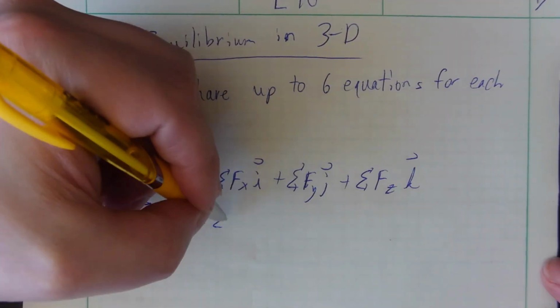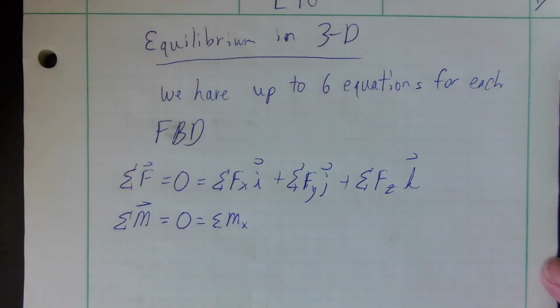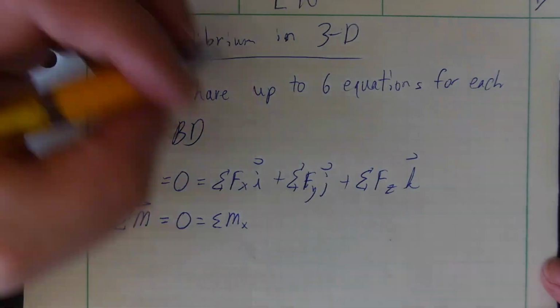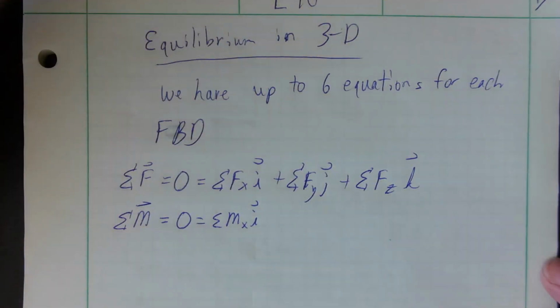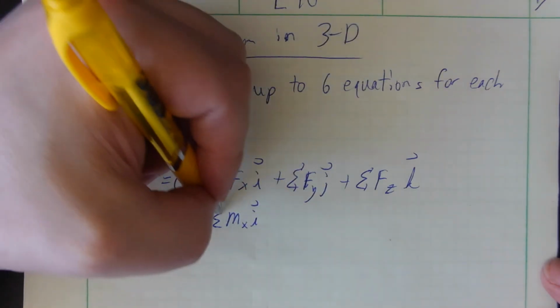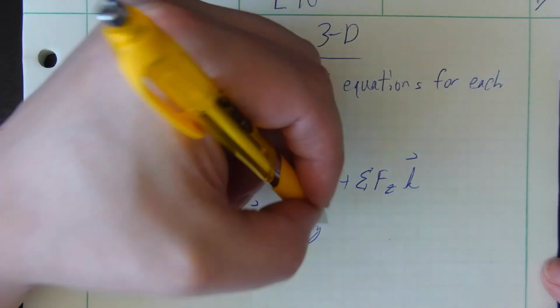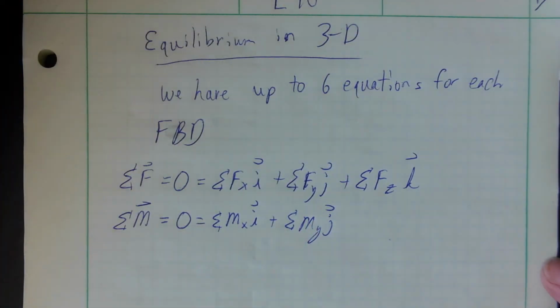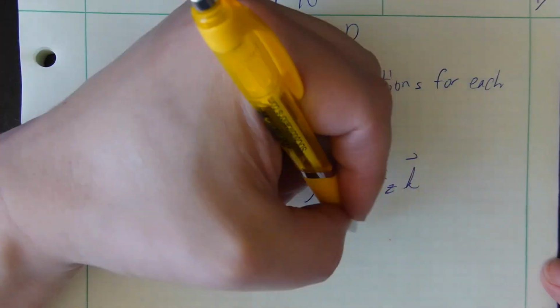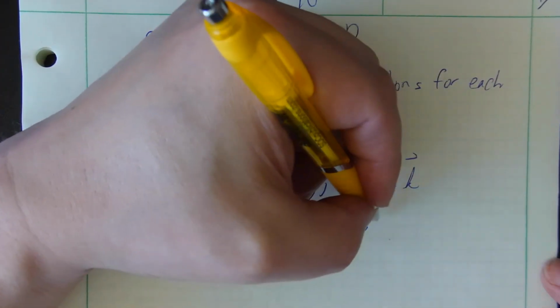Meaning that if I take the sum of moments in the x direction, all the moments about the x-axis, those should be 0. And then same thing about the sum of moments in the y direction, or about the y-axis, if you will, or directed in the y direction, those should all add up to be 0. And the same thing in the z.